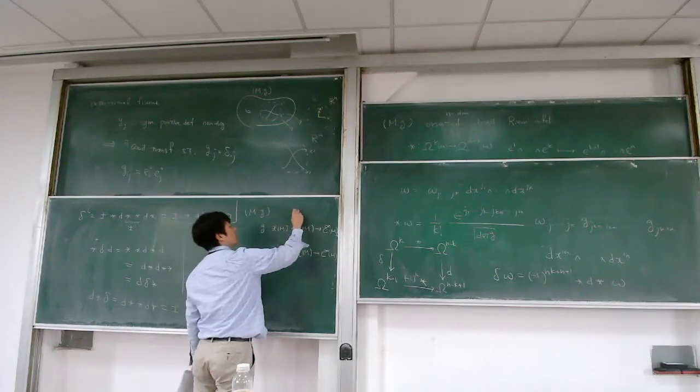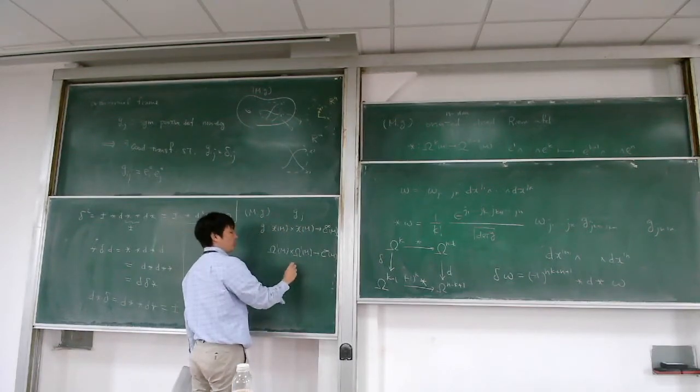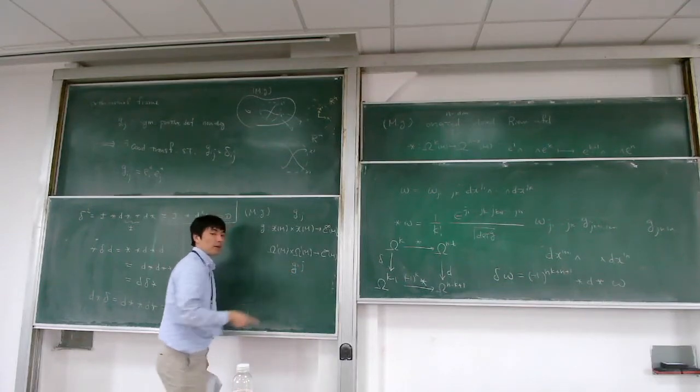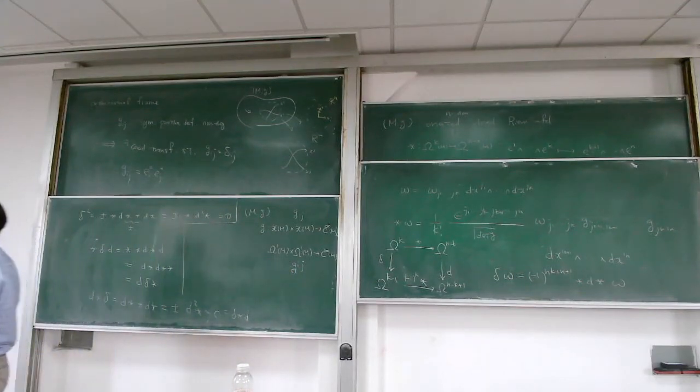Here you get g_ij, and in GR people just write g^ij upstairs. It's just the inverse metric.